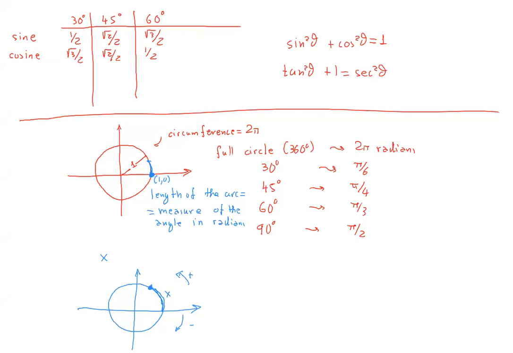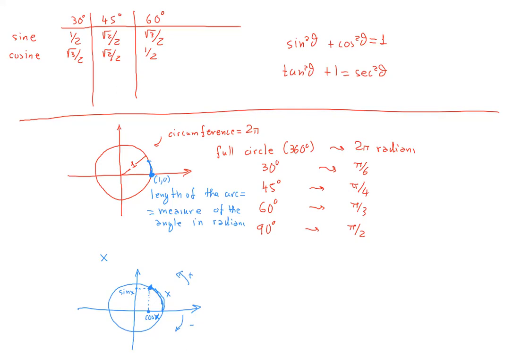Once you find that point, then its projection onto the horizontal axis is the cosine of x, and the projection onto the vertical axis is the sine of x. Of course, once you have defined cosine and sine, all the other trigonometric numbers can be defined quite easily.